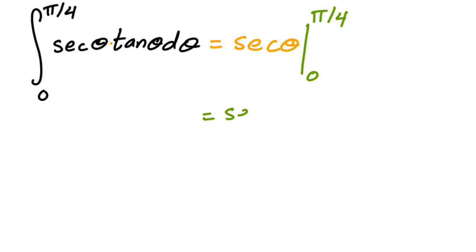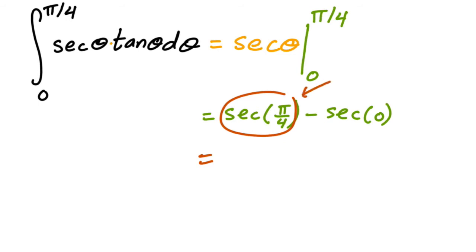So what we have is secant of pi over 4 minus secant of 0. Secant of pi over 4 is 1 over cosine.